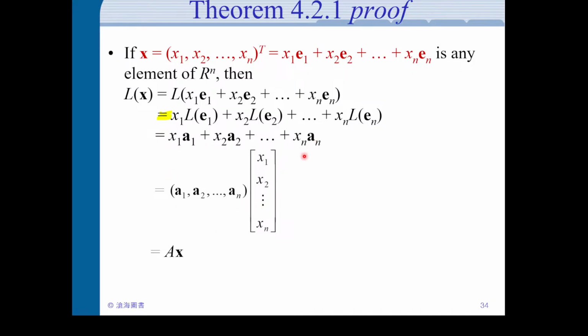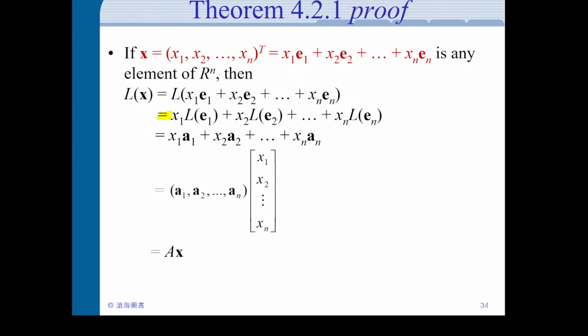We see that we have this linear combination of column vectors, and then we can interpret our matrix multiplication as a linear combination of column vectors, as we saw in chapter 1.